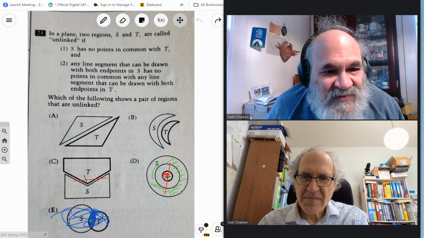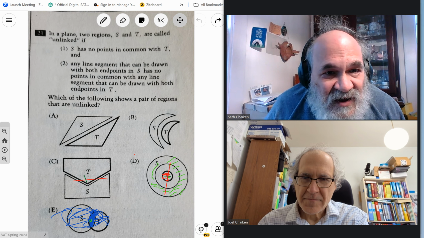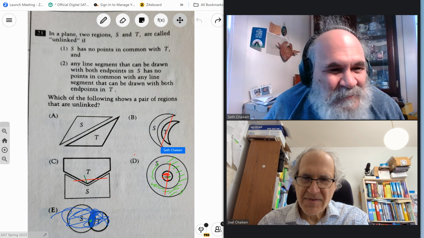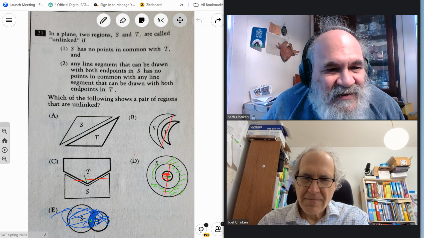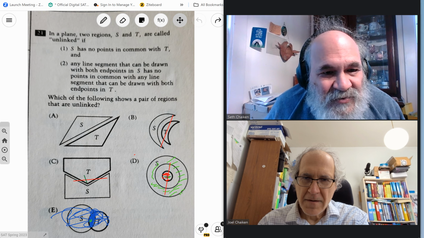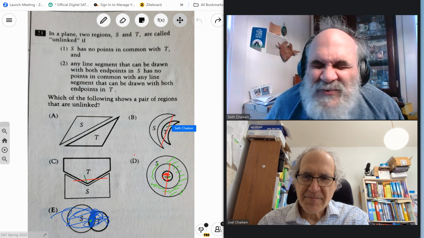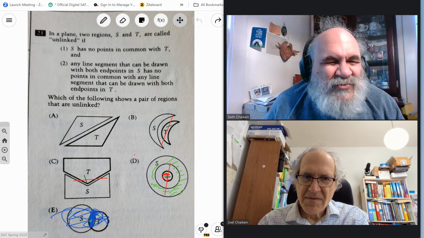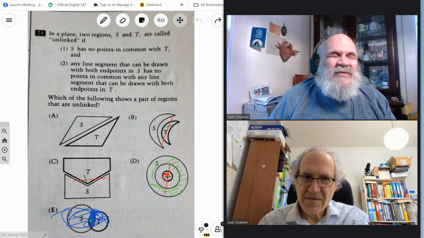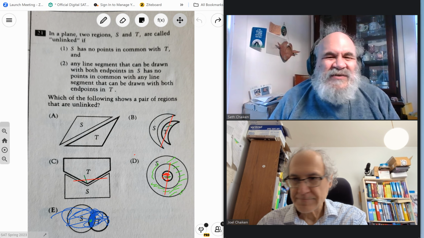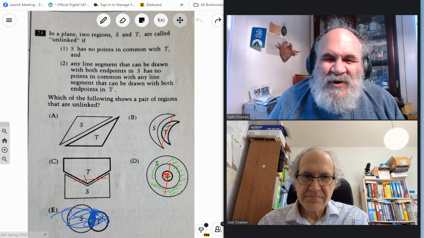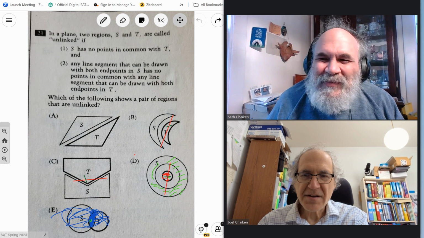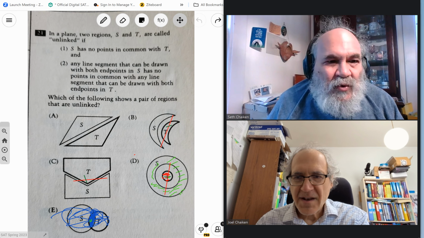Here is a line that has both endpoints in S, and here's a line segment that has both endpoints in T. So this one's no good. This one's ruled out, and therefore, using the principle of SAT questions, exactly one choice is correct. What's left is A. That's right.